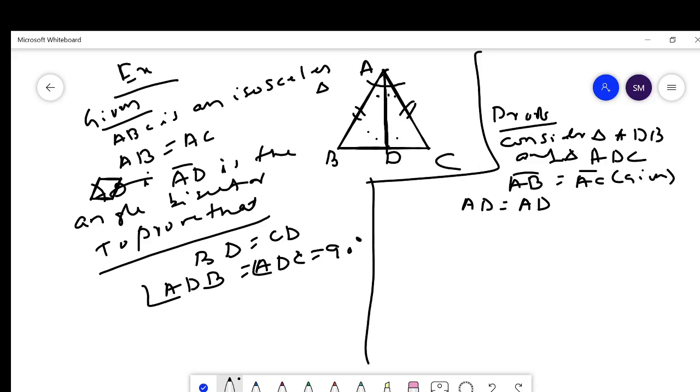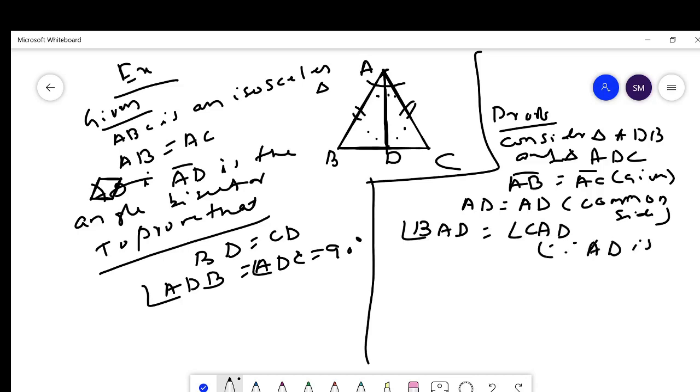AD is the common side of these two triangles. And as AD is the angle bisector, this means angle BAD is equal to angle CAD. Since AD is the angle bisector.